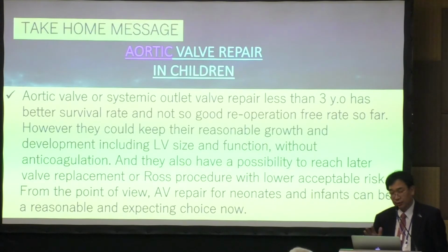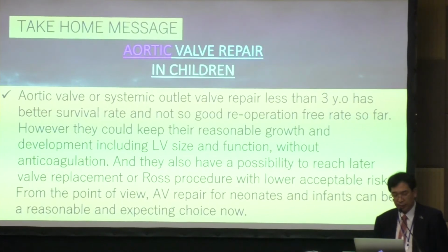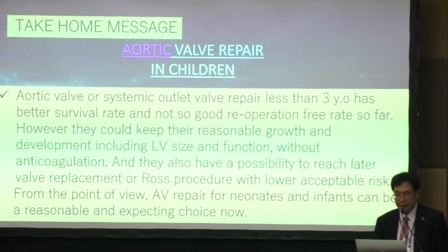However, they could keep their reasonable body growth and left ventricular growth together with function without anticoagulation. They also have a possibility to reach later valve replacement or Ross procedure with lower acceptable risk.